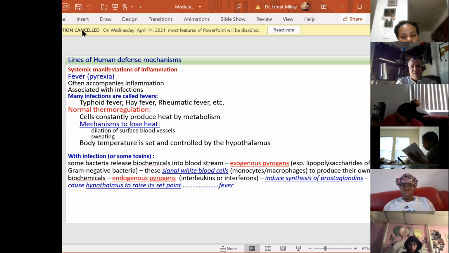So the sequence is going to be bacteria, toxins, which are lipopolysaccharides.